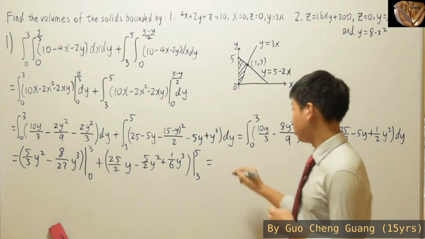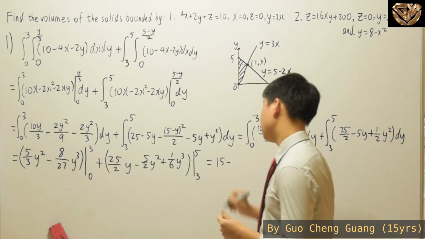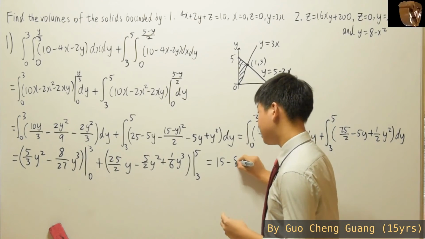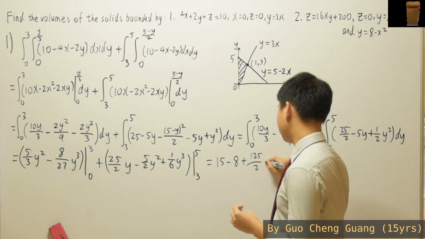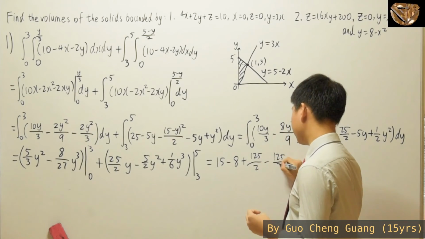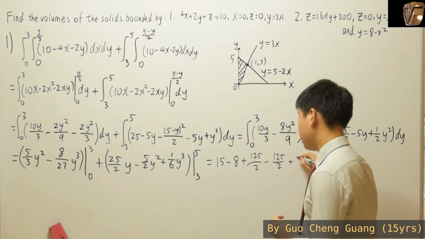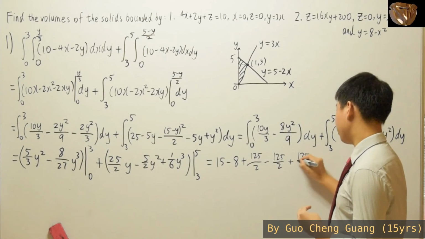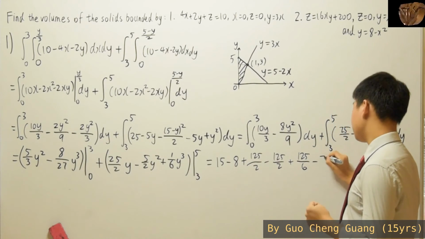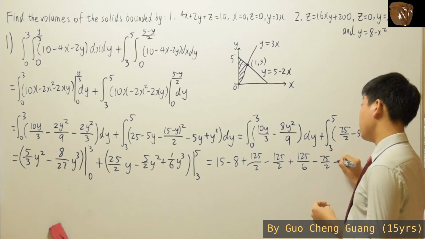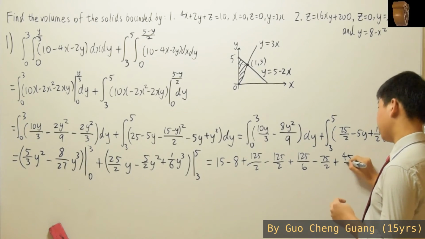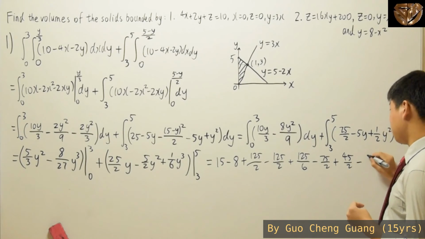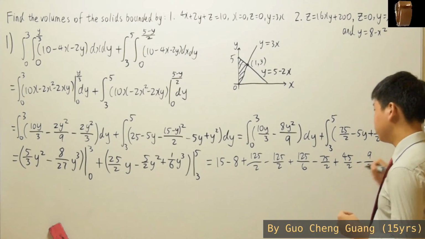So for your first term, you're going to have 15 and then minus 8, then plus 125 over 2 minus 125 over 2. Then you add on 125 over 6 minus 75 over 2 plus 45 over 2 and then minus 9 over 2.